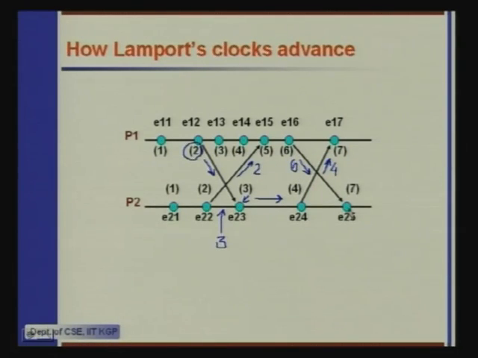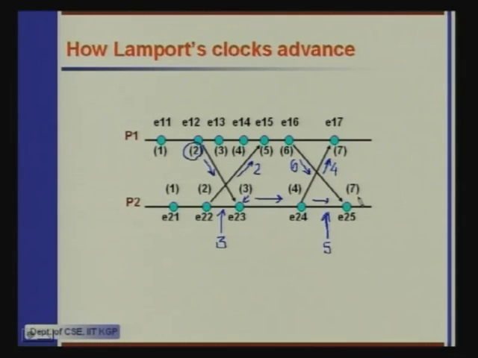Now what is this going to do? From here the clock value that it has at this point of time is 5, right, and the one that it gets from here is 6. So 6 plus 1 is 7, max of 7 and 5 is 7. So the clock jumps from 4 to 7.